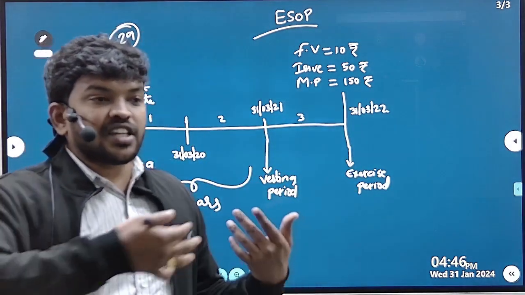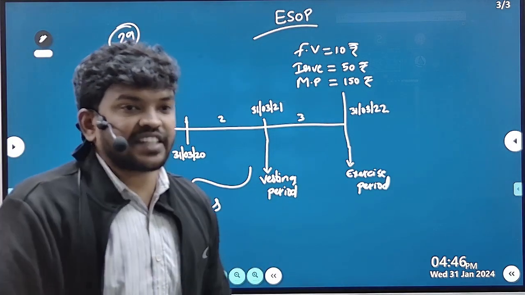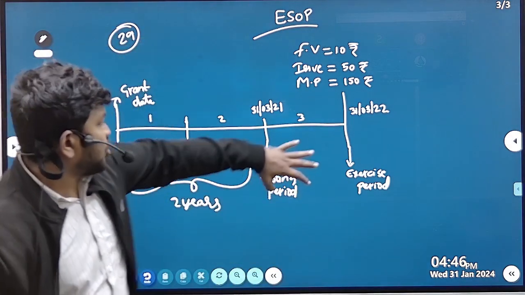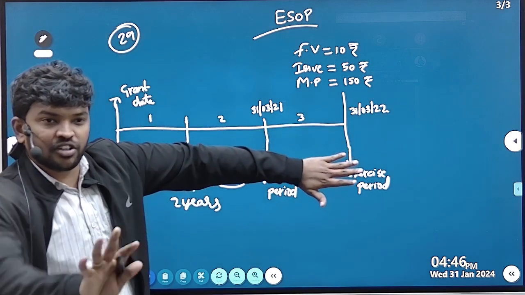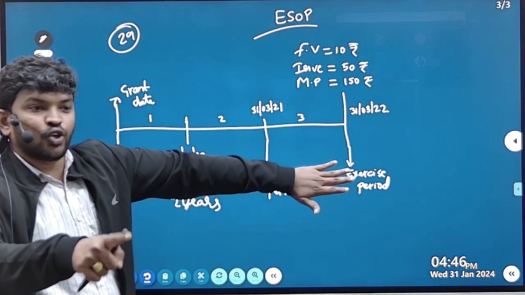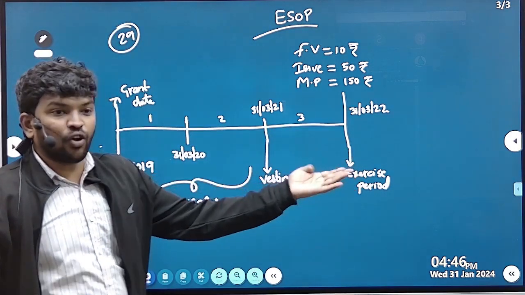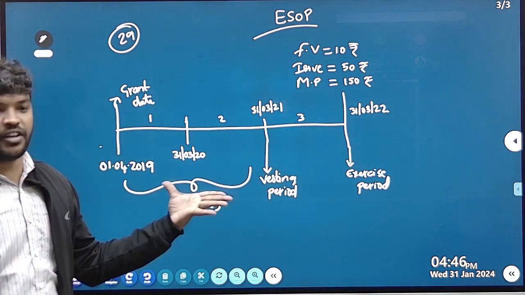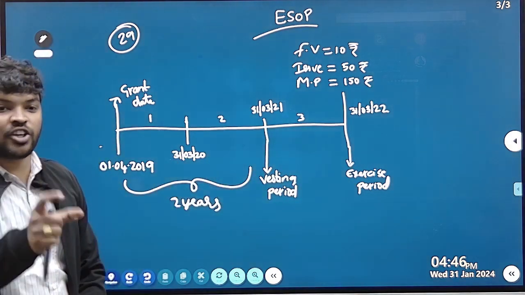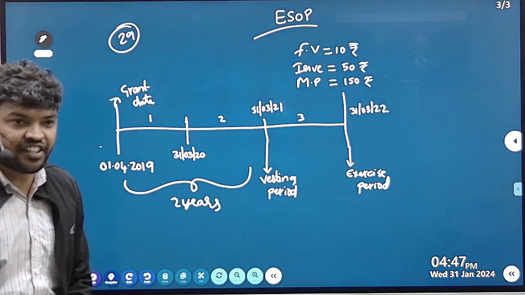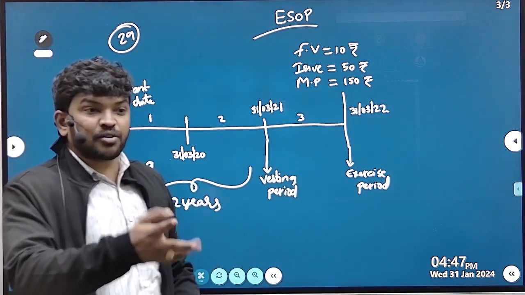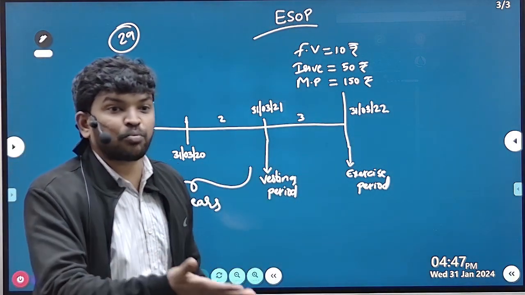But what is the Companies Act telling? You know that certain loss is going to occur in the future. Yes or no? How much loss? 2 lakhs. So that loss you have to book in the vesting period proportionately. Understanding? You know this loss, conservatism concept. What is conservatism or prudence?